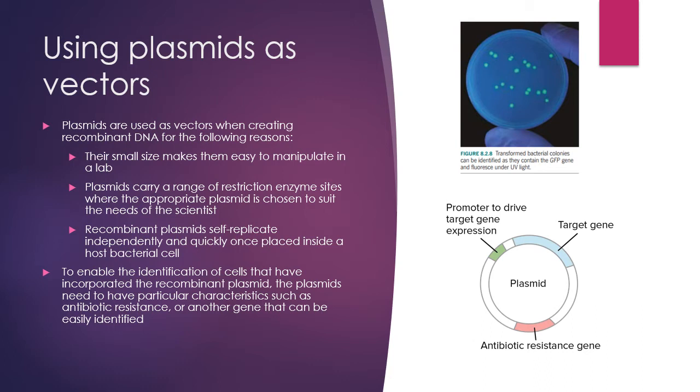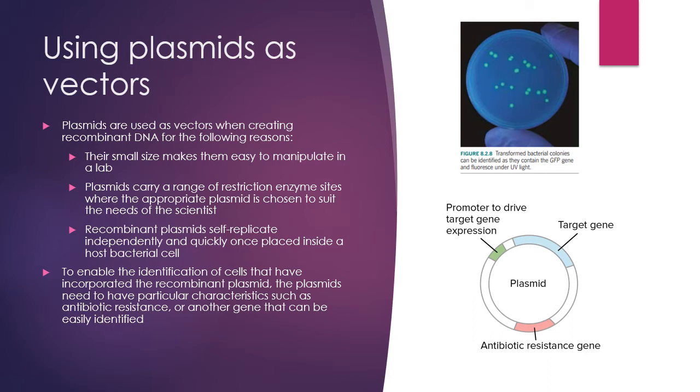We'll talk about that later, but this is so that at the end, when they want to check if the bacteria has actually taken up this plasmid, some of them will die when exposed to antibiotics because that means they haven't taken up this antibiotic resistance gene, so they die, which means they weren't going to be useful because they didn't take on the gene of interest. The ones that did take on the target gene and have the antibiotic resistance gene will live, and so therefore you know that that bacterium has taken up this plasmid and is expressing the gene that we want it to.